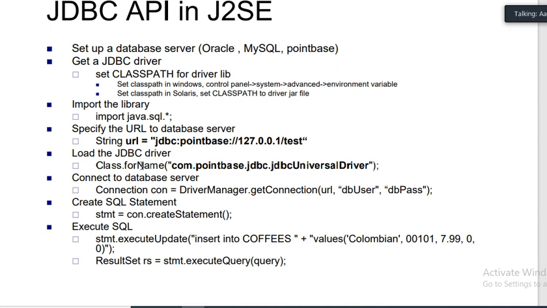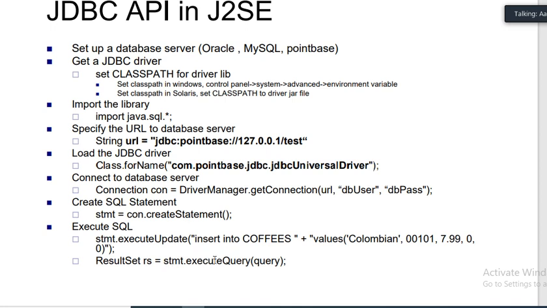Once you have the driver string and the URL, you call DriverManager.getConnection with the URL, user ID and password. In the case of Postgres, the user ID is postgres and the password is whatever password you gave when connecting to the database. Then you say Statement stmt = con.createStatement(). This gives you a statement object. Then you call statement.executeUpdate, or maybe statement.executeQuery.